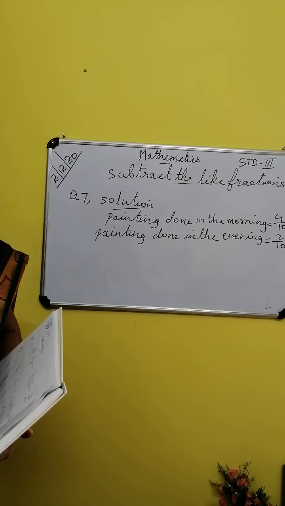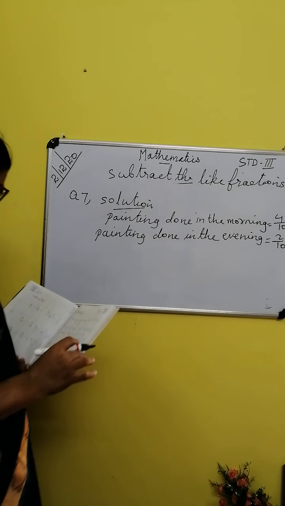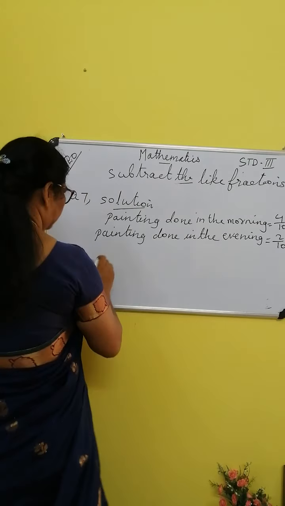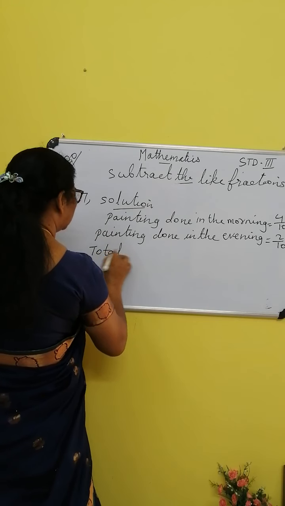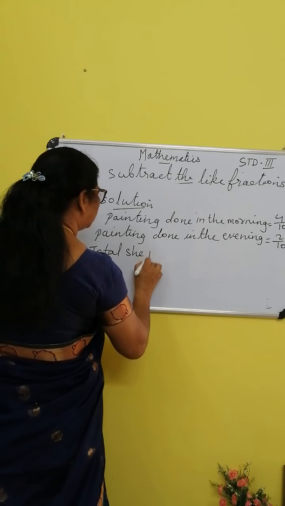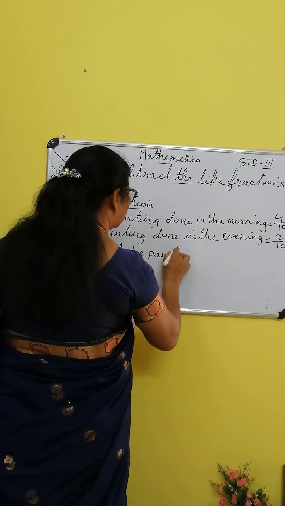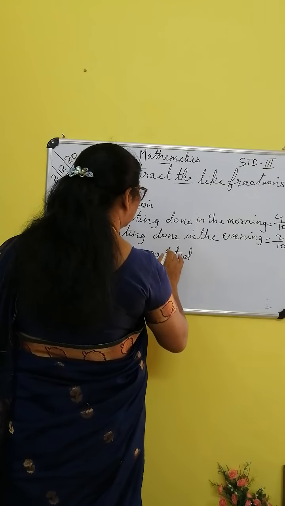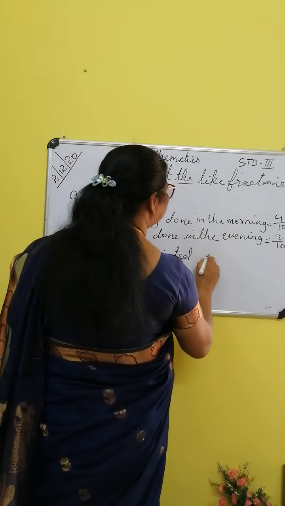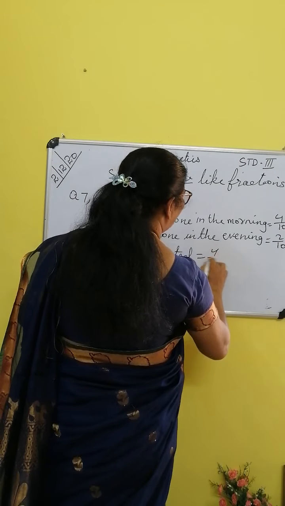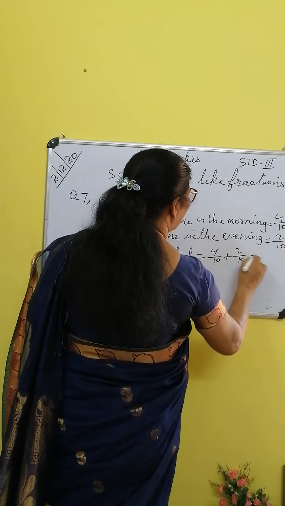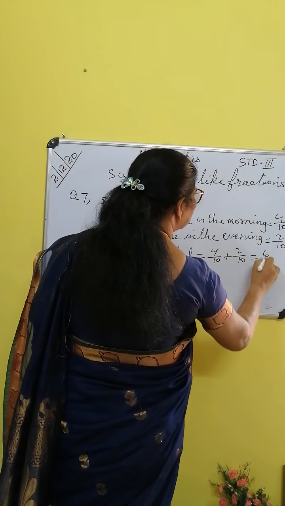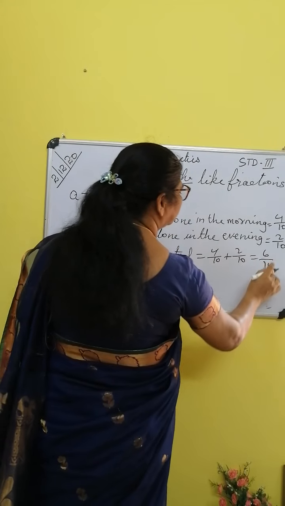Then how much did she paint in all? Total she painted equals 4 by 10 plus 2 by 10 equals 4 plus 2, 6 by 10.